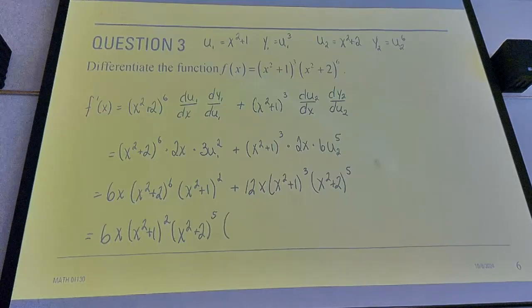Now, what are we left with? An x squared plus 2 from the first term, right?